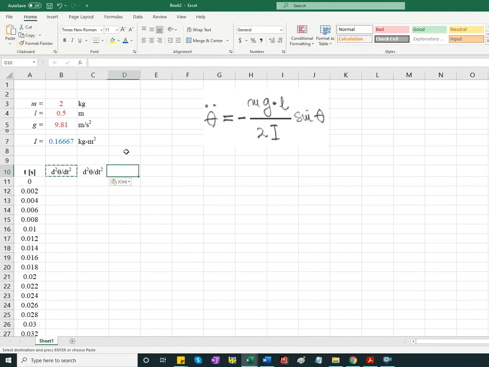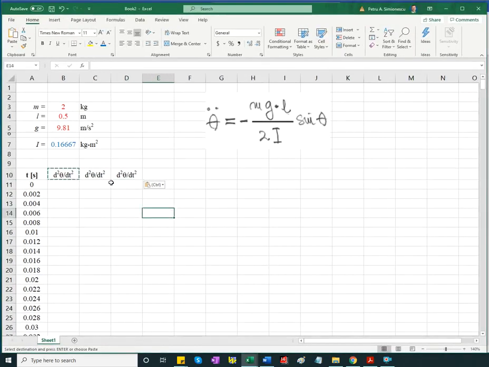paste, and paste again. Take the exponent, the squares off, and here I just keep q, or rather theta, and theta is going to be in radians per second, rather radians per second squared.